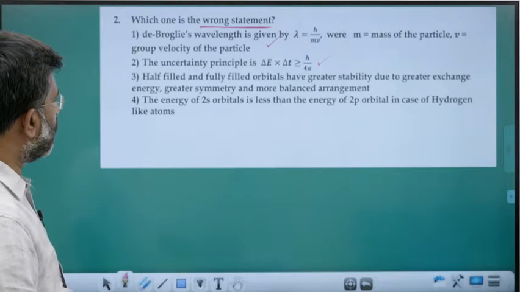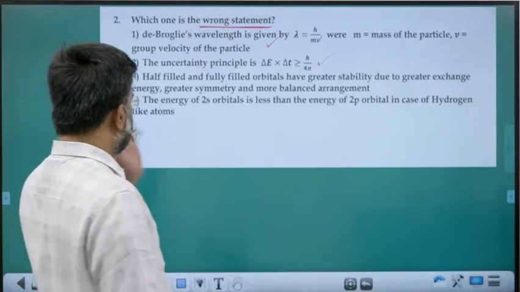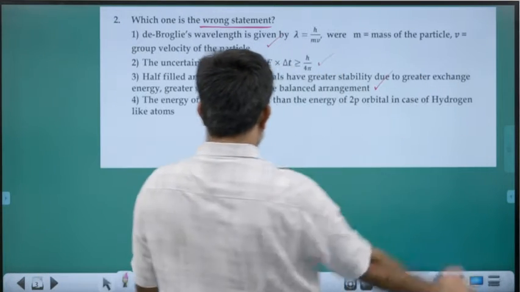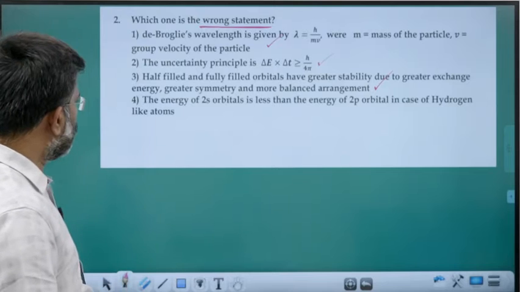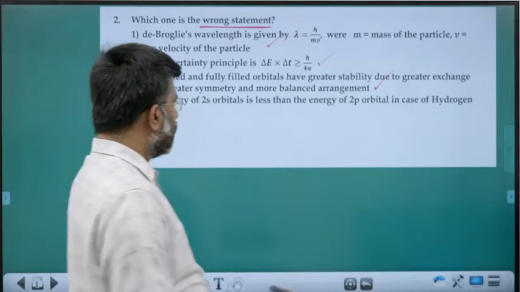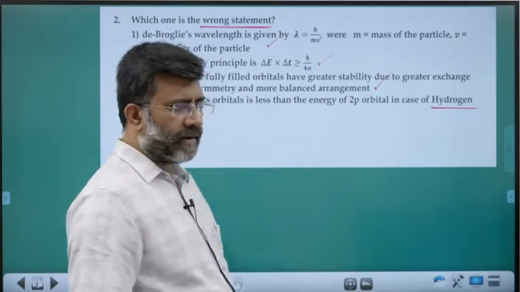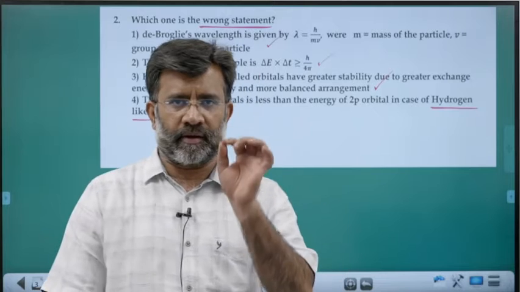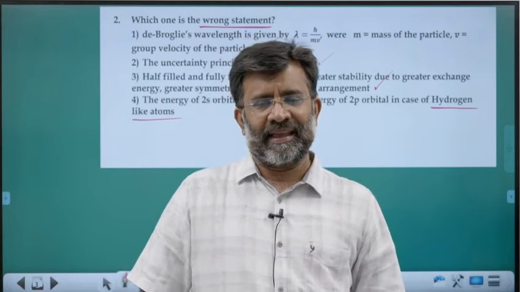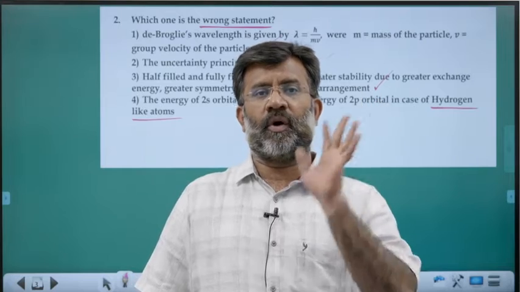The second one is also true: half-filled and fully filled orbitals have greater stability due to greater exchange energy. NCERT statement: the energy of 2s orbital is less than 2p in case of hydrogen. You have learned that for hydrogen-like atoms, energy of an atomic orbital is decided by n value only.